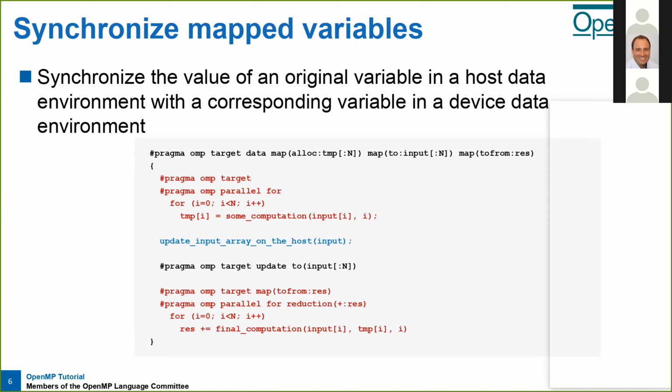So in addition to the data region, with a target update you can initiate data synchronization in both directions of mapped variables between the host and the device, and it doesn't have to include all variables, but only those that are selected with the corresponding map clauses.